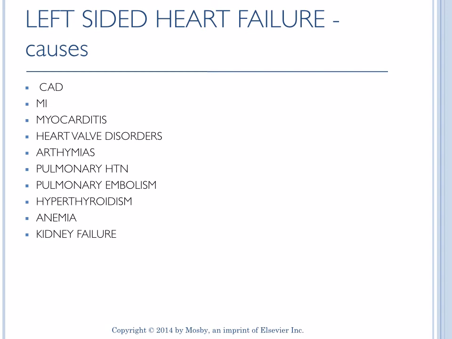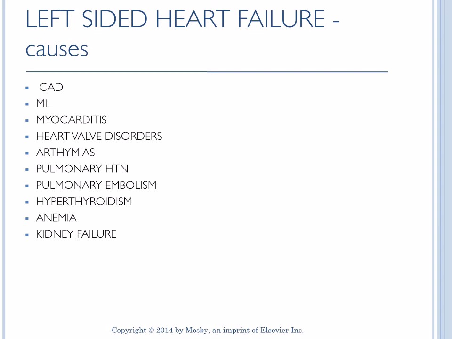The next one is MI, which is myocardial infarction. Infarction means there is a blockage of a coronary artery which is impeding the forward blood flow, resulting again in cardiac tissue ischemia. This reduces cardiac contraction and cardiac output.